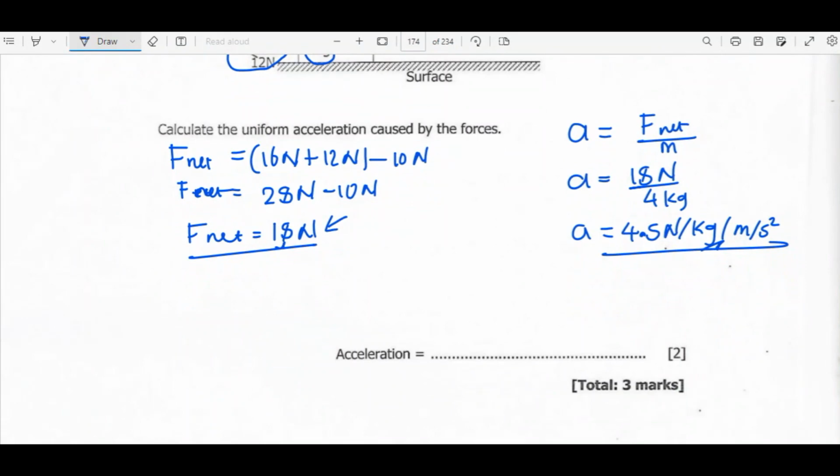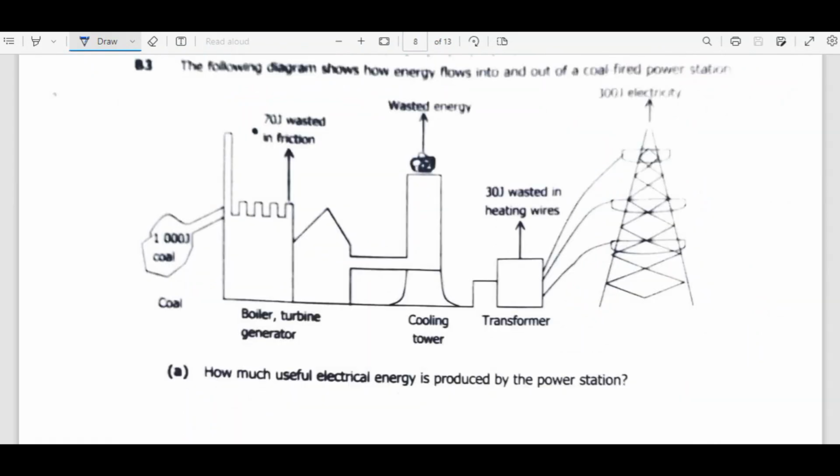We now move on to question 3. The question reads, the following diagram shows how energy flows into and out of a coal-fired power station. So we have the energy input. So this part is our input energy.